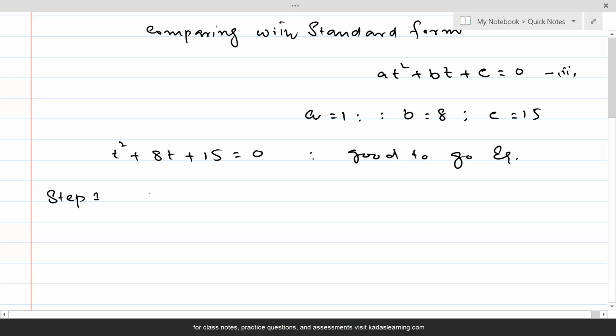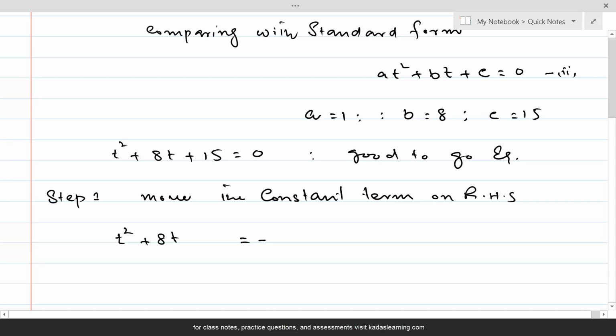So step 1, move the constant term on the right hand side, and this way we get t square plus 8t equal to minus 15.